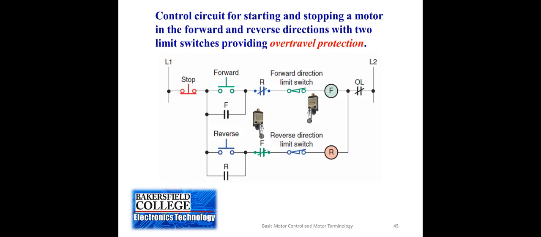You'll create a short circuit, things will blow up or spark, things will melt and burn, and there will be damage. So when we have a system that has a forward rotation or forward direction and reverse rotation or reverse direction, then we have to have a way of preventing someone from trying to change the direction of the motor rotation.